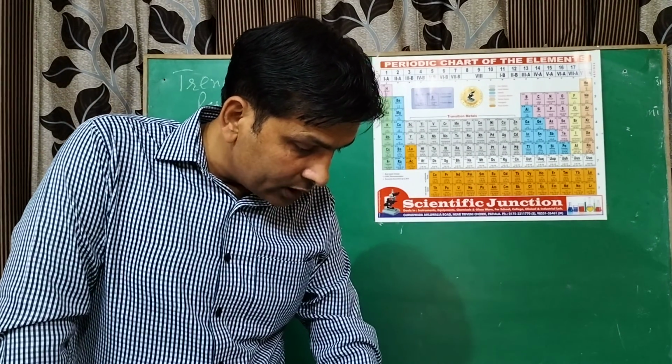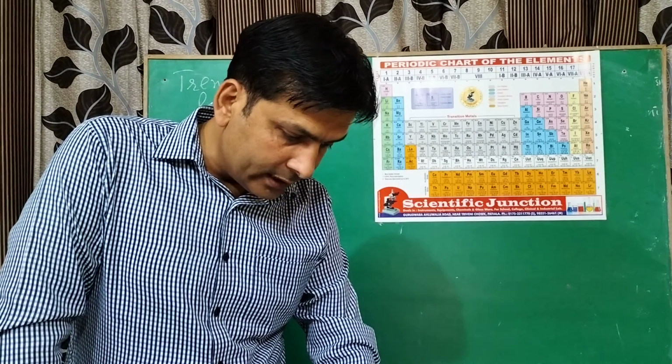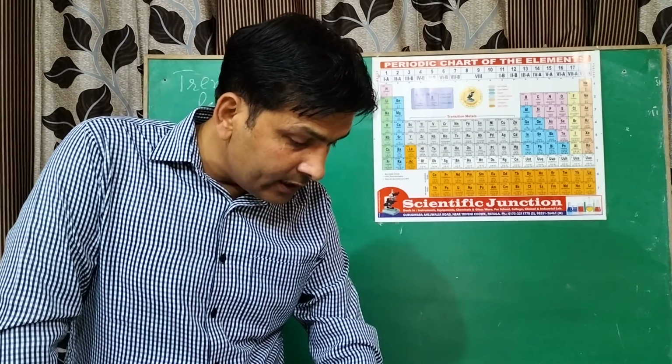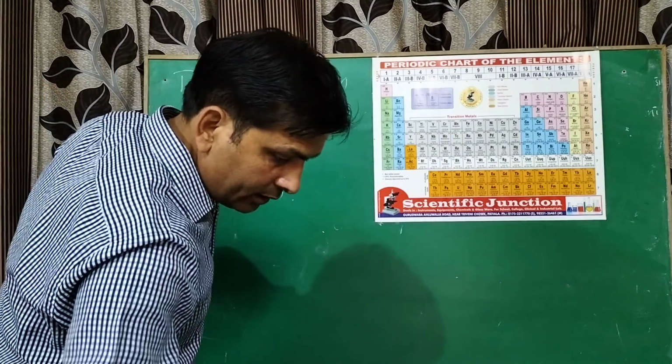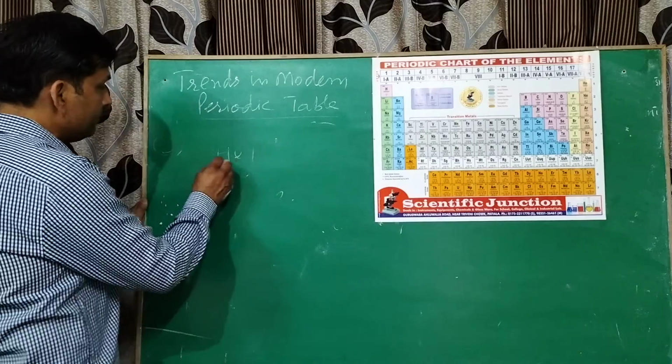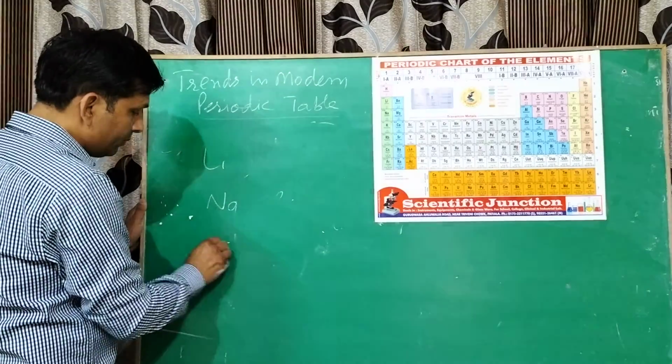The next question is question number 4. Lithium, sodium, potassium are all metals that react with water to liberate hydrogen gas. Is there any similarity in the atoms of these elements? Let's check. He is talking about lithium, then sodium and potassium.